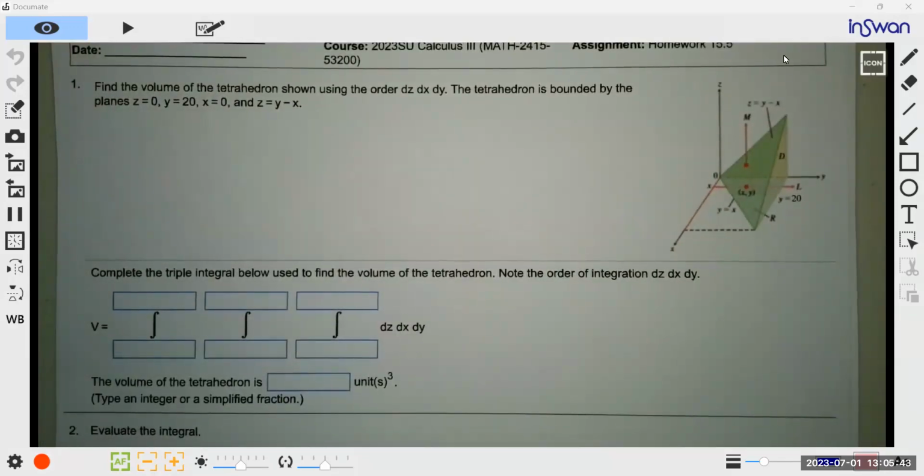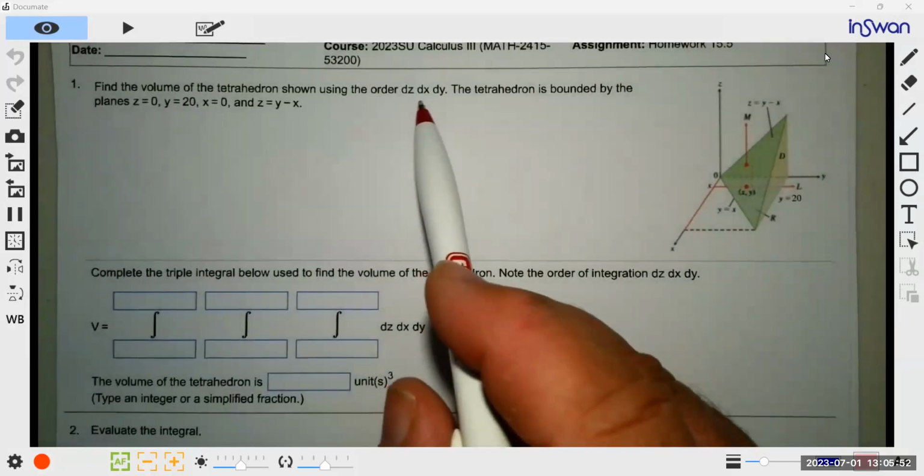So we have the first one. Find the volume of the tetrahedron shown using the order of operations dz, dx, dy.